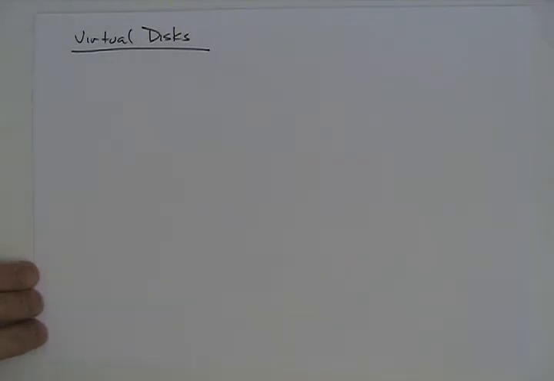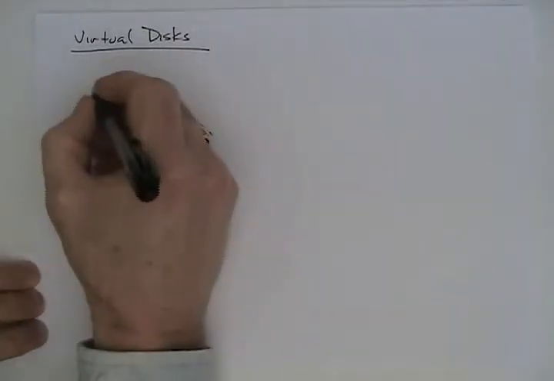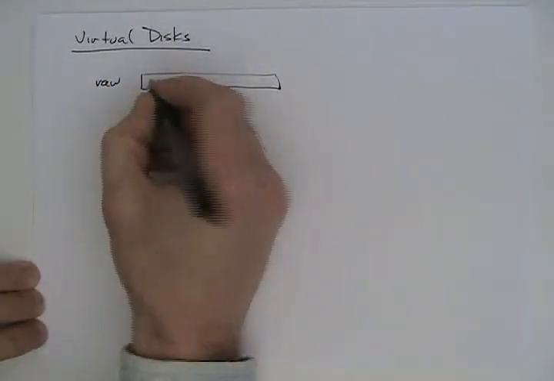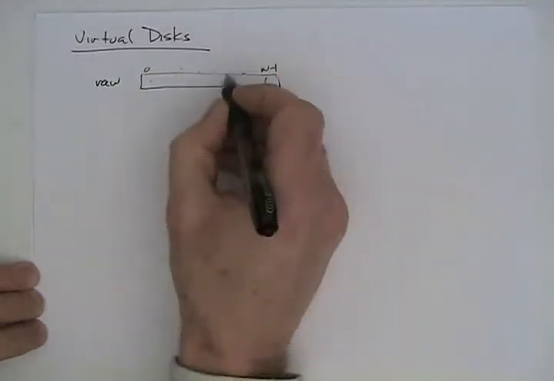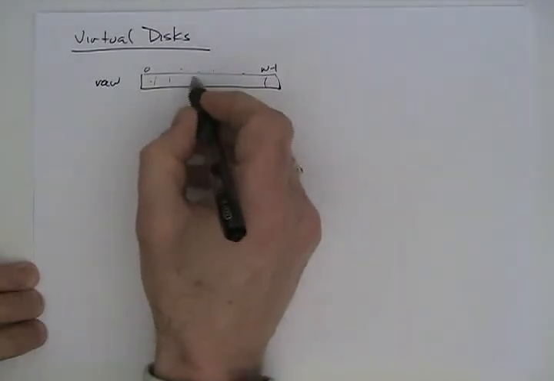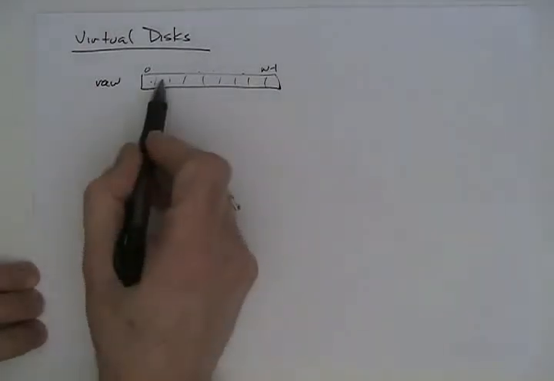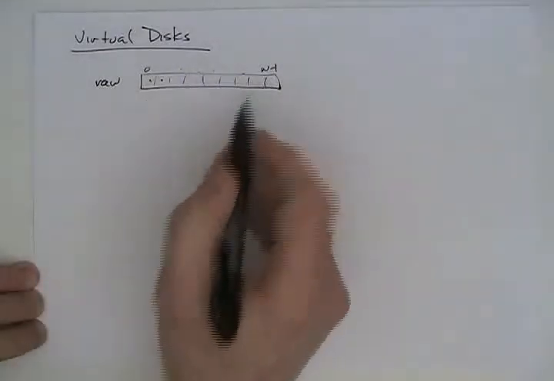So, as I mentioned, typically a virtual disk is stored by the hypervisor as a file, and that file can be a raw file, which just means that it contains blocks 0 up through n-1. You allocate all of those blocks on startup, so you pre-allocate all the data.